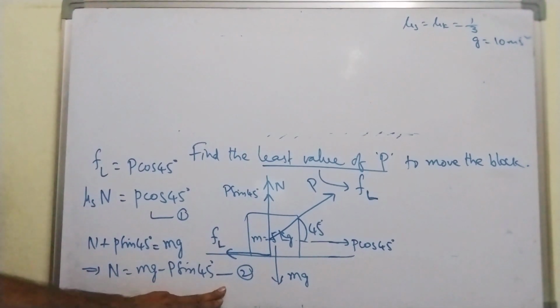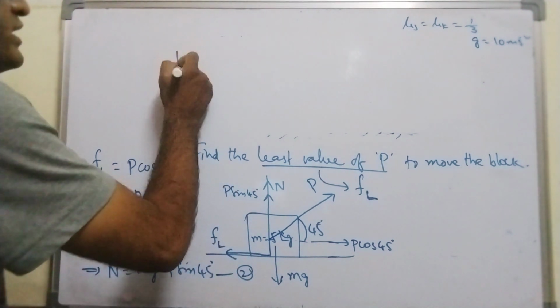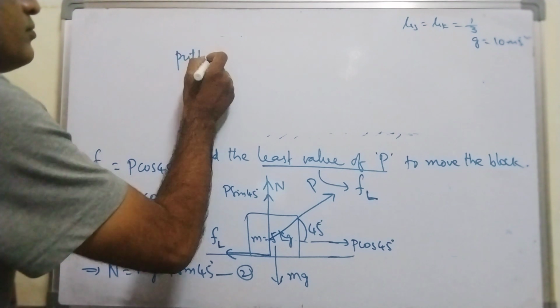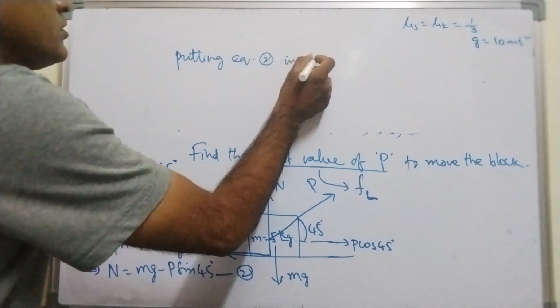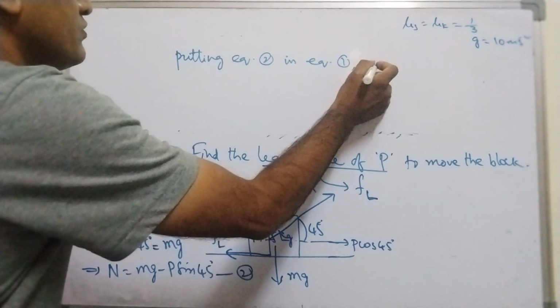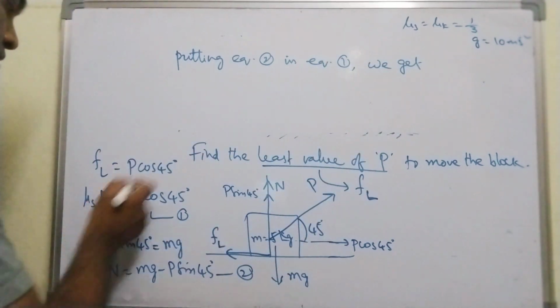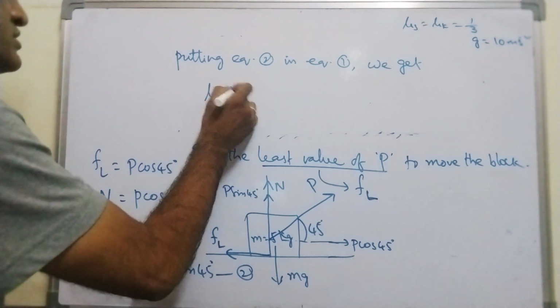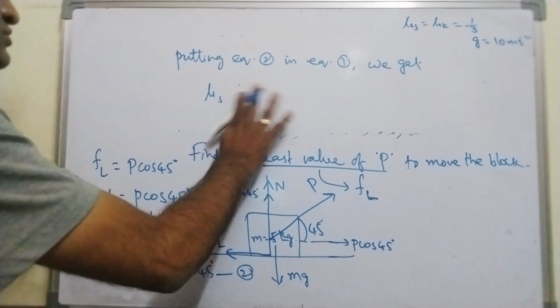Now when I substitute equation 2 in equation 1, what will I get? Putting equation 2 in equation 1, we get mu s into N is equal to, okay, mu s into N is what?